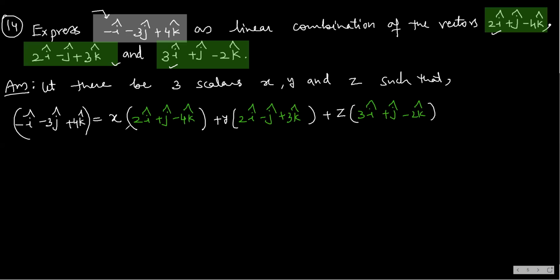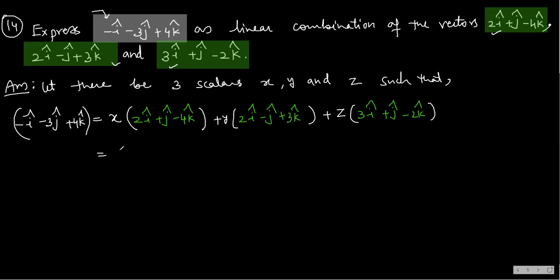Now I will multiply x, y, z inside. So the next step I get is 2x i cap, 2y i cap and 3z i cap. Got that? So I will write at once.